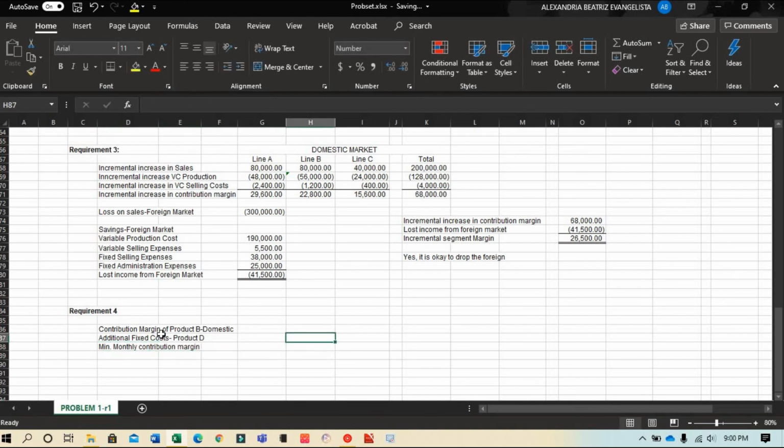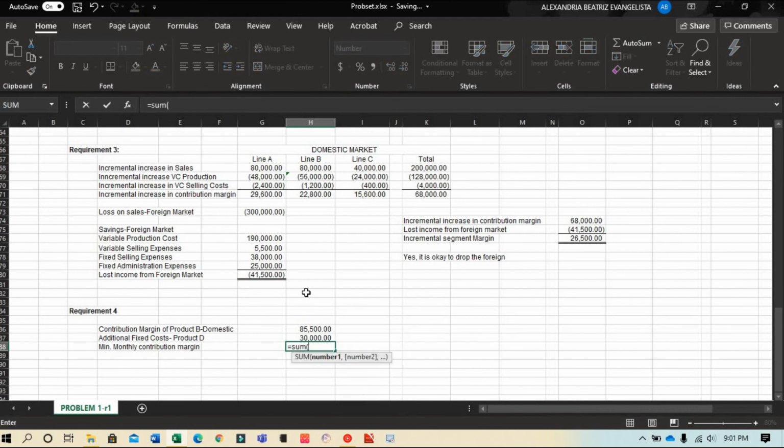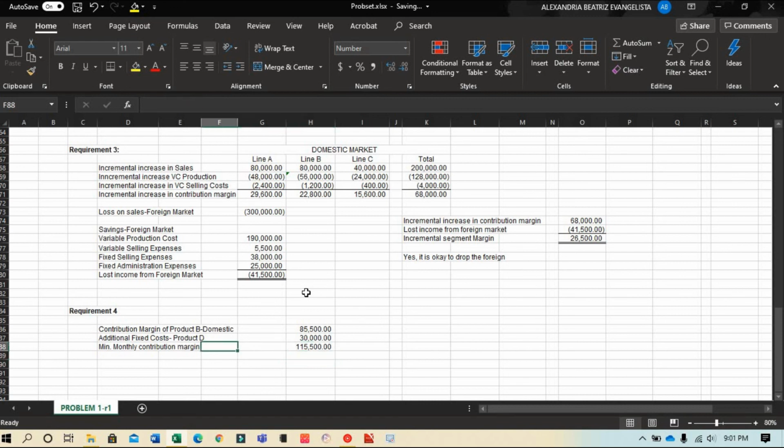So let's put the numbers for the contribution margin of product B domestic, that, referring to the previous solutions, is 85,500, and the additional cost stated in the problem is 30,000. So our minimum monthly contribution margin is 15,500. So why is the computation like this?